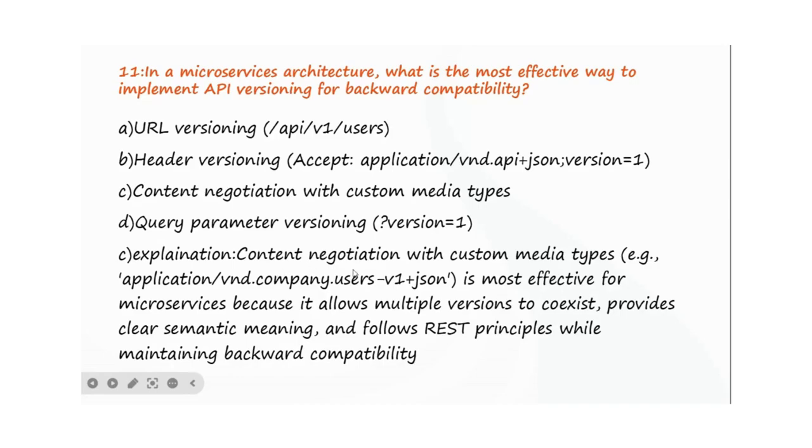Explanation: content negotiation with custom media types, for example, application/vnd.company.users-v1+json, is most effective for microservices because it allows multiple versions to coexist, provides clear semantic meaning, and follows REST principles while maintaining backward compatibility.